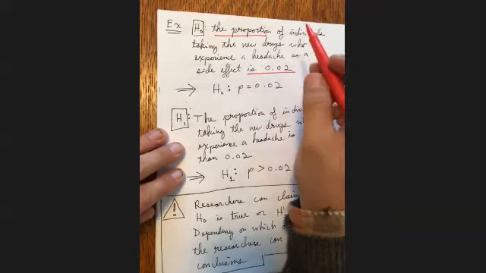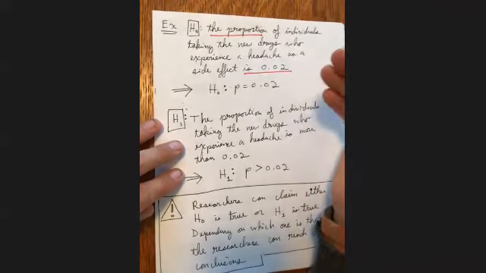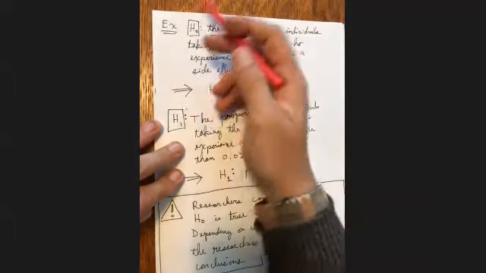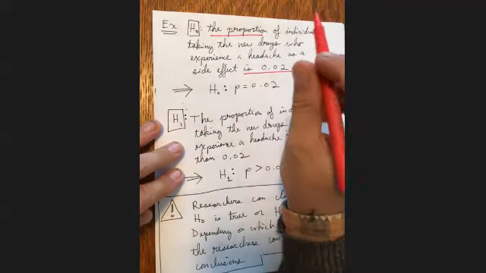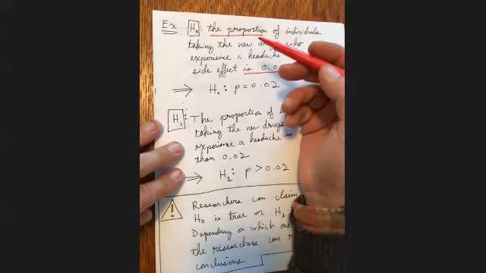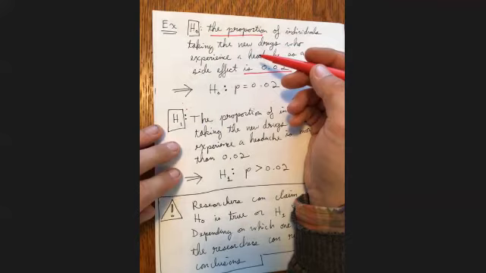Okay, now I'll stress this over and over again because this is where people get confused. If you read it in the problem, then whatever you're reading, generally speaking, is the claim that the researchers are making.